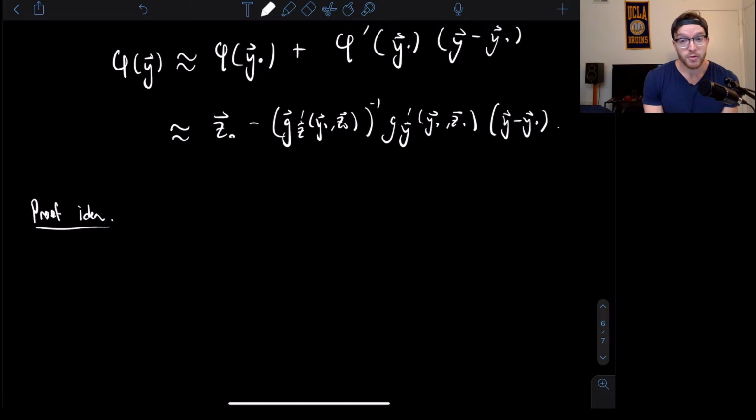But if you go to a point, you can find a linear approximation to that problem. And if you can solve the linear thing, then locally nearby your point, you can solve the nonlinear thing.